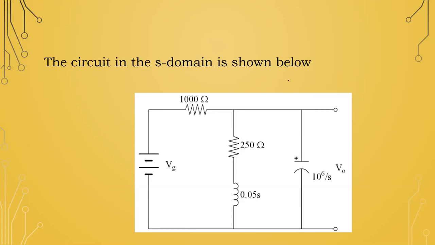Yes, anybody else? Following up on what you were saying, we could use the branch with the capacitor and the branch with the inductor in parallel, and then use voltage divider to find the voltage across the capacitor. All right, that's fine. That's fine.